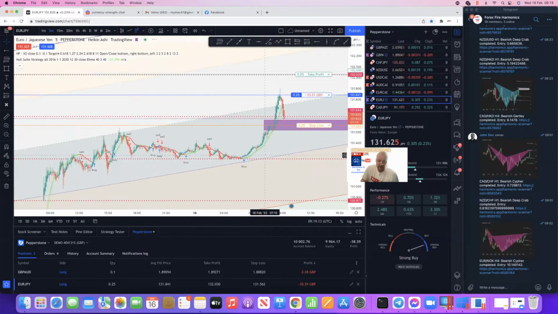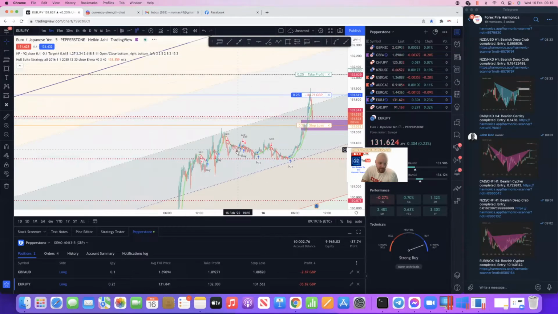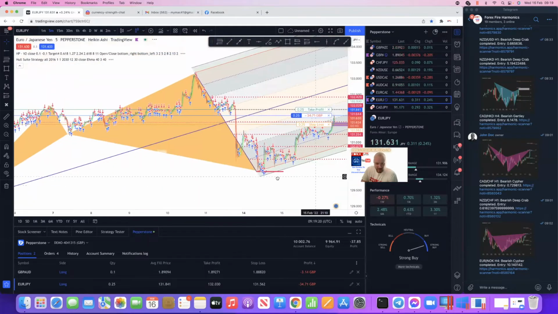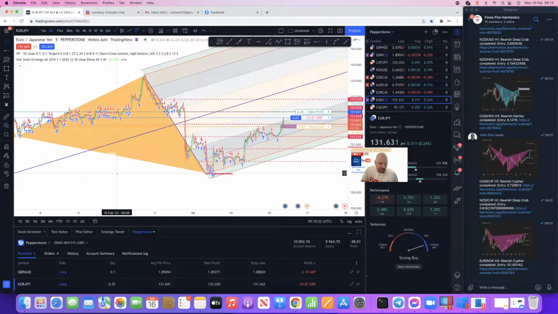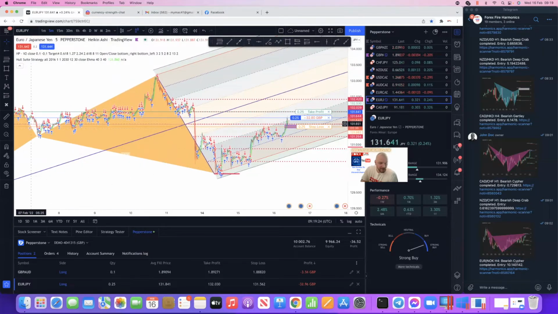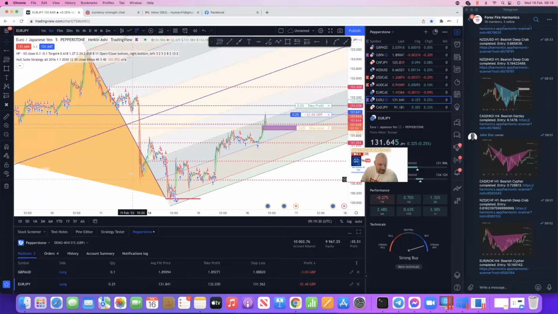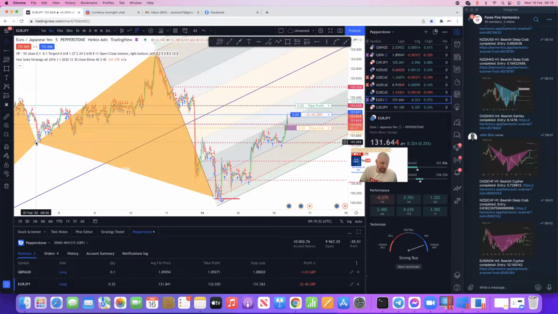This is not about being perfect. It's about trying to find a level of consistency. And again, I should have checked this. Look, bang on there. That's the 50% area.